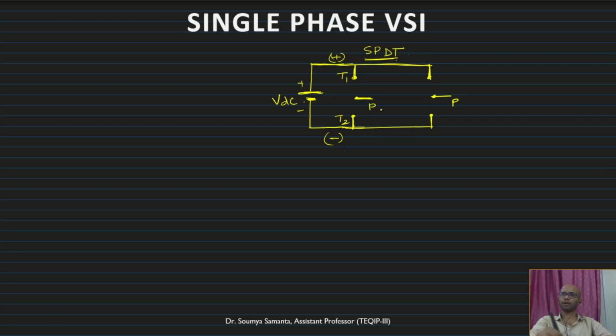This is another pole. Suppose this is switch 1, this is switch 2. Pole of switch 1, pole of switch 2. So this is also T1 and T2.